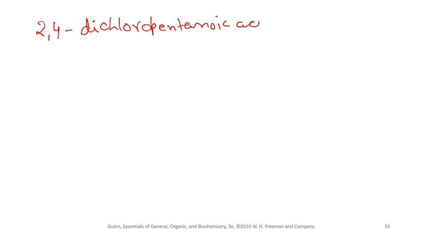So let's do one more example on carboxylic acid naming, but this time we're going to give you the name and you're going to draw the structure, or we're going to learn how to draw the structure if the name is given. So if the name is 2,4-dichloropentanoic acid, what should be the structure?